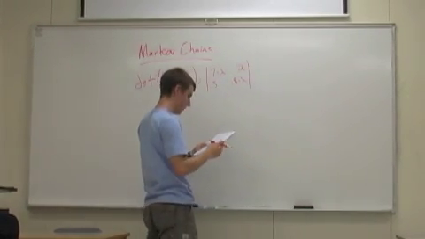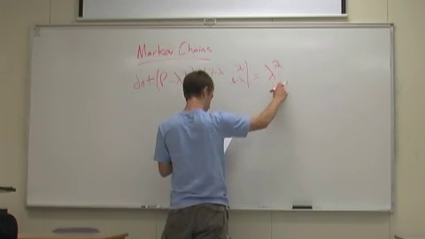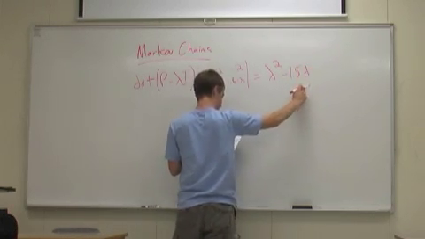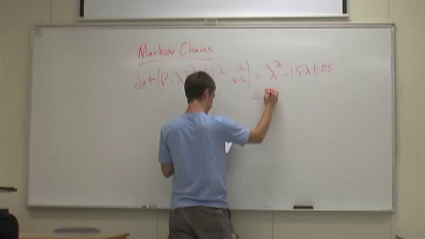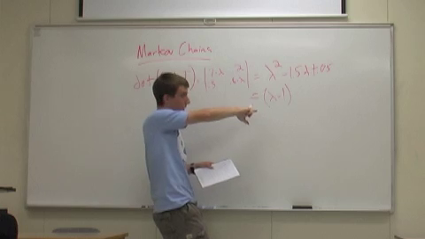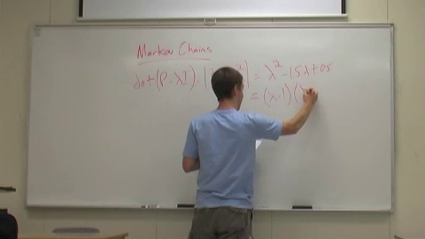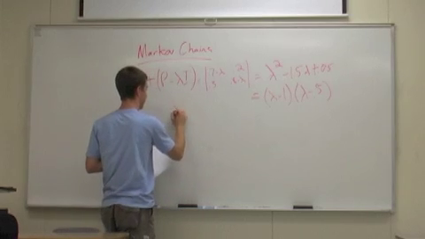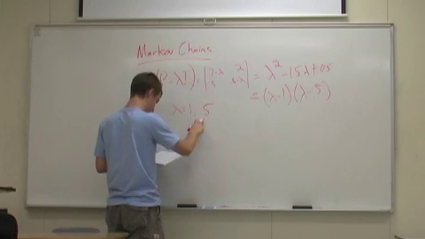When you do that, it breaks down to lambda squared minus 1.5 lambda plus 0.5, which is equivalent to lambda minus 1 times lambda minus 0.5. You always have this because the eigenvalue is always 1, so you know that lambda minus 1 is always going to be a factor here. So your eigenvalues are going to be 1, which we expected, and then 0.5 is the other one.